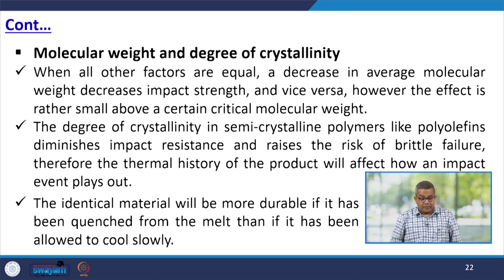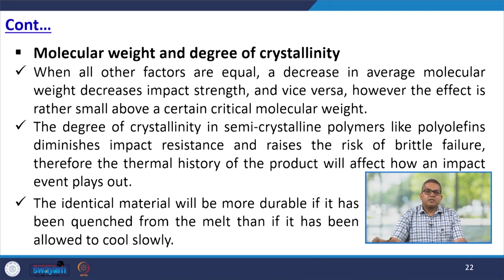Now, molecular weight and degree of crystallinity also play a very vital role. When all other factors are equal, a decrease in average molecular weight decreases the impact strength and vice versa. However, the effect is rather small above a certain critical molecular weight.